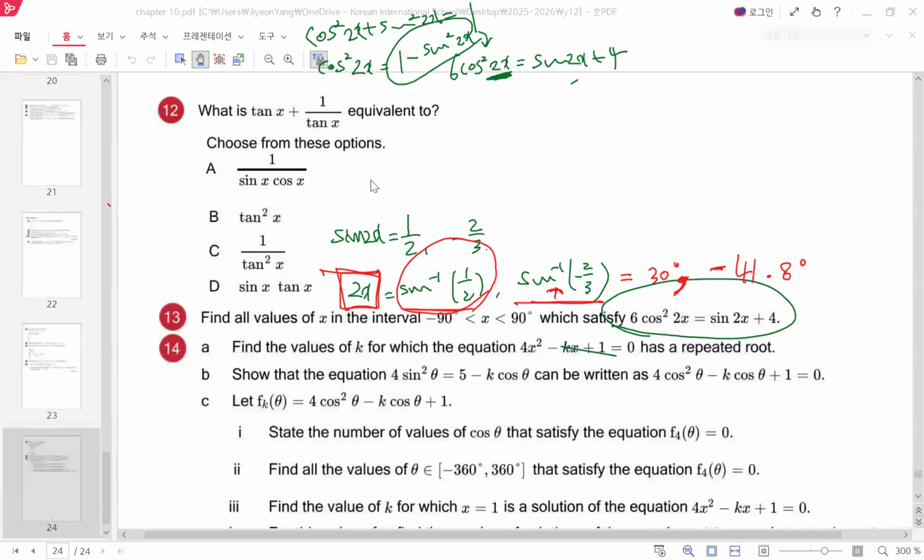And this part is very crucial, students. Then check the range of x first. X is given as from negative 90 to 90. Then you need to find the range of 2x as they are, okay? 2x by multiplying by 2. So negative 180 and then 180.